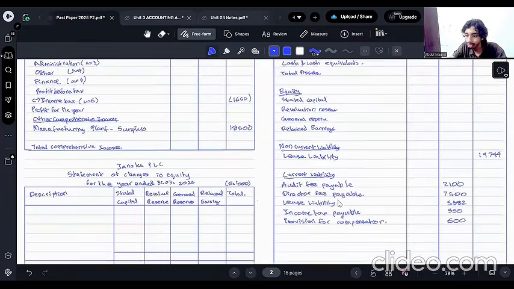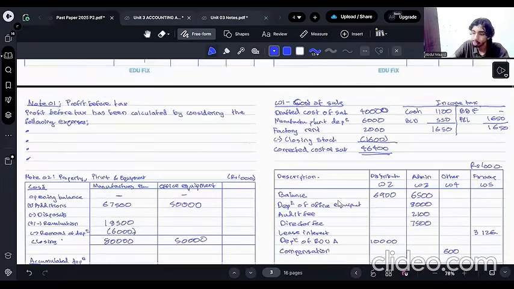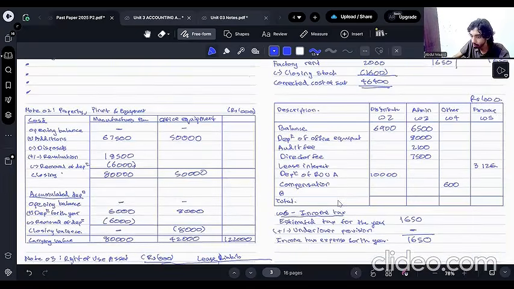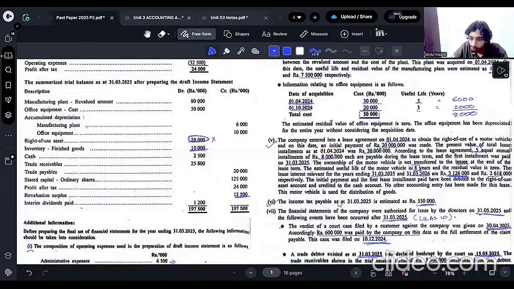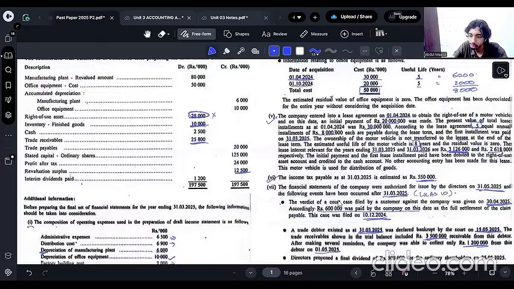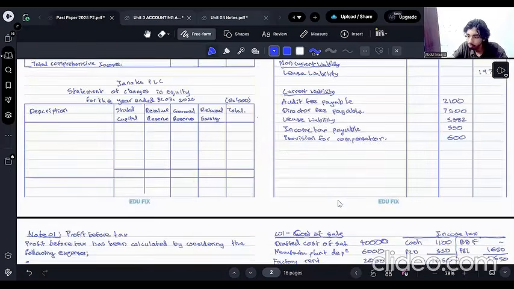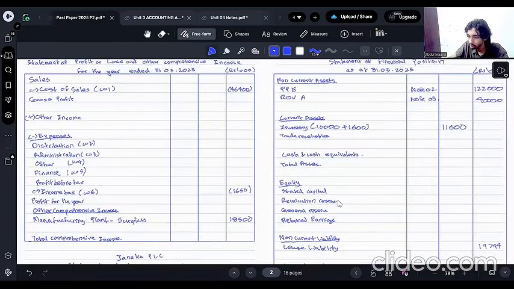Okay, it's an adjusting event. Bad debt is a distribution expense. Bad debt 2,300, and you have to deduct that amount from your debtors' amount. The debtor value given in the trial balance is 25,800. From that, you have to deduct 2,300. Then 25,800 minus 2,300, you will get 23,500. Okay.